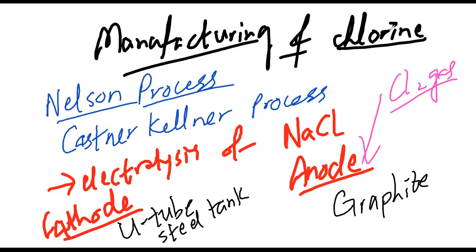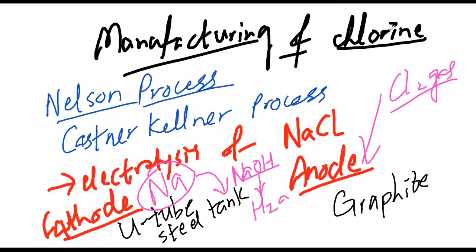The sodium formed at the cathode reacts with water and forms sodium hydroxide, NaOH, and hydrogen gas is also obtained.